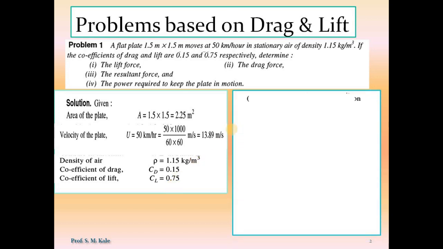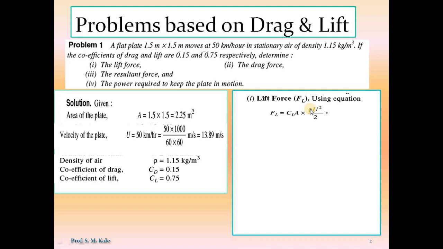So first of all we have to find out the value of lift force. We know the equation to calculate the value of lift force. FL is equal to CL A rho u square upon 2. In this equation CL is called the coefficient of lift whose value they have mentioned, that is nothing but 0.75. A is nothing but the area of plate, projected area of plate, that is 2.25 meter square.